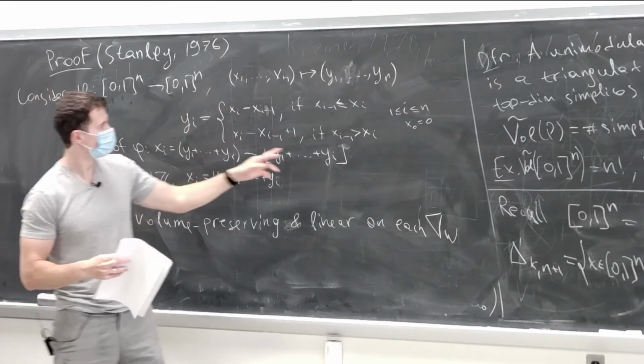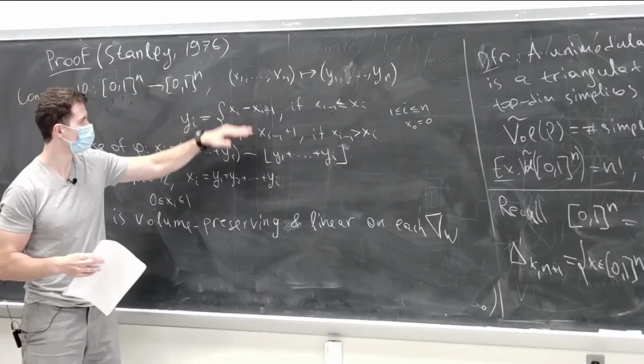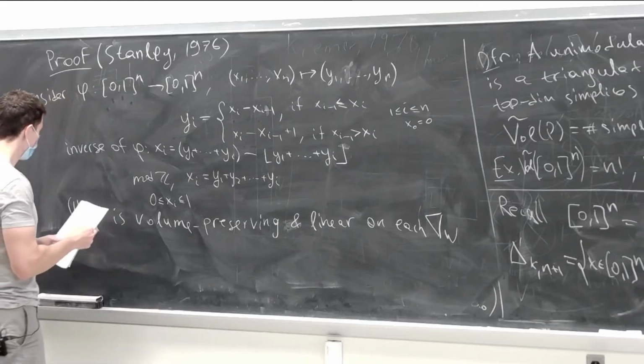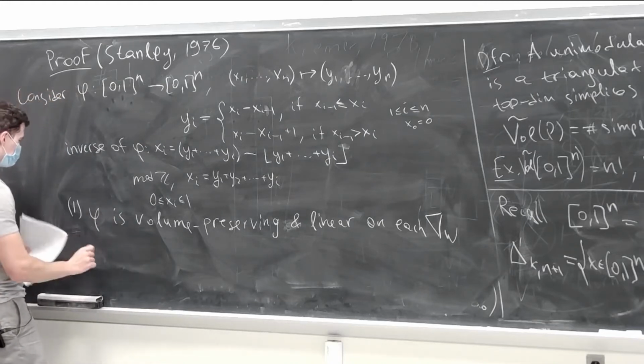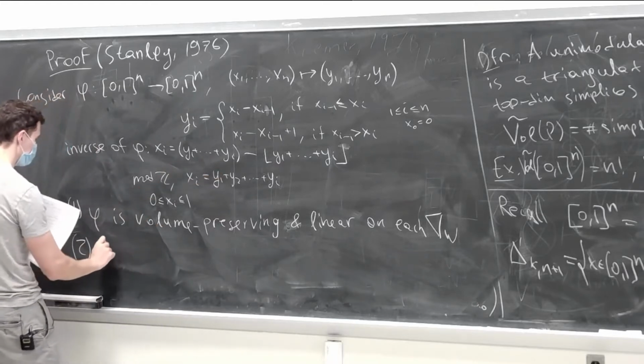The permutation tells you the relative ordering of the x's, and you know a formula for yi which does not include any cases.